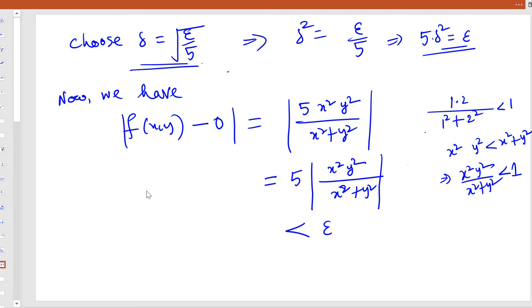Okay. So if you define delta square as epsilon by 5, then what is happening?